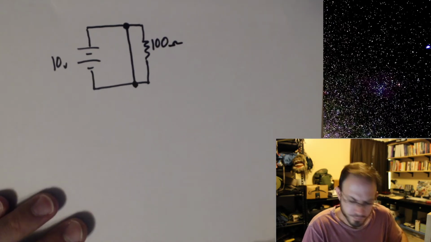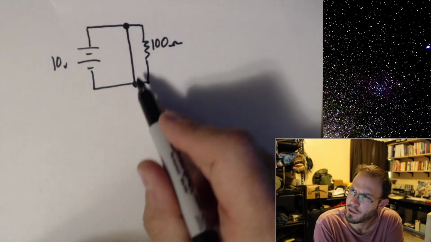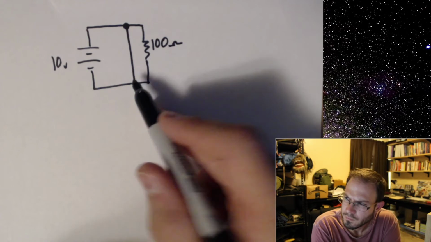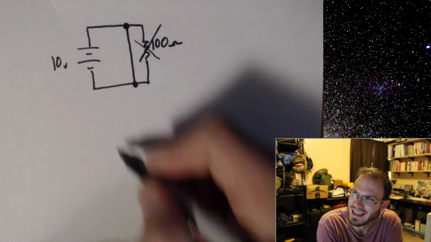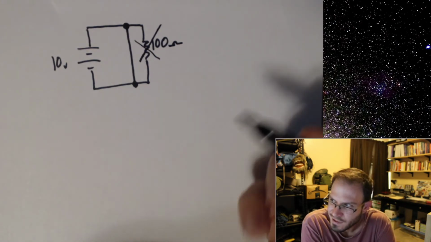So if all the current ends up going through this short, then what's the resistance in this circuit? Well, it goes to 0.